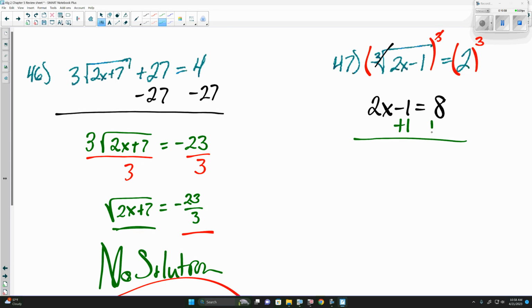At this point here, we can solve for x. We would add 1 to both sides, telling us 2x is equal to 9. And last but not least, we would divide both sides by 2, telling us x is 9/2.